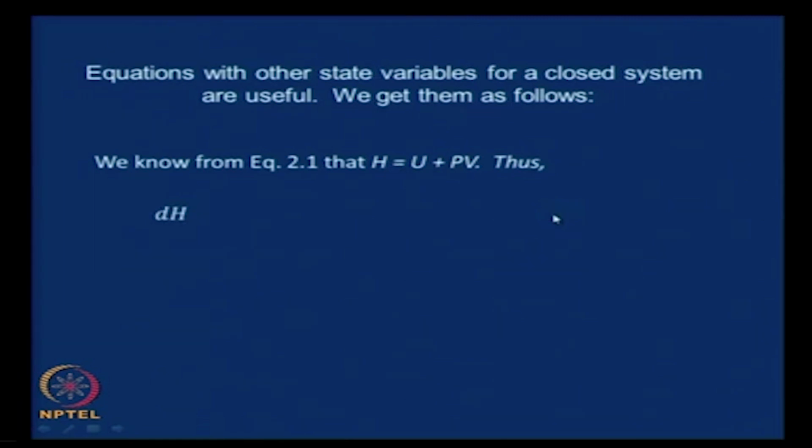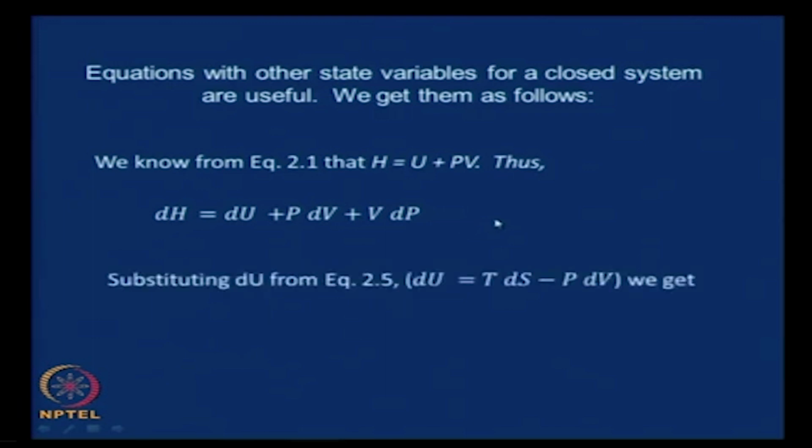Therefore, the total differential of enthalpy, dH, is d of U plus PV, and if we use the rules of differentials, it will be dU plus, using the chain rule, first function into derivative of the second function plus the second function into derivative of the first function, that is PdV plus VdP.